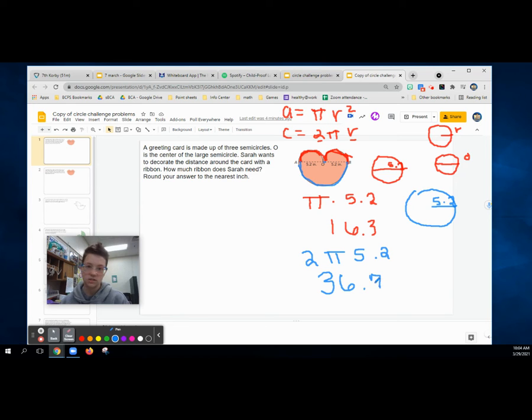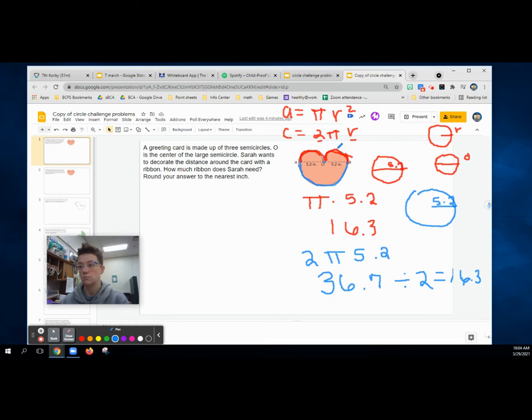It's really 36.67, but I'm going to round. Now, this isn't a complete circle. This is a semicircle, so I need half of that. So I divide by 2, and I get 16.3. So this blue length is 16.3.